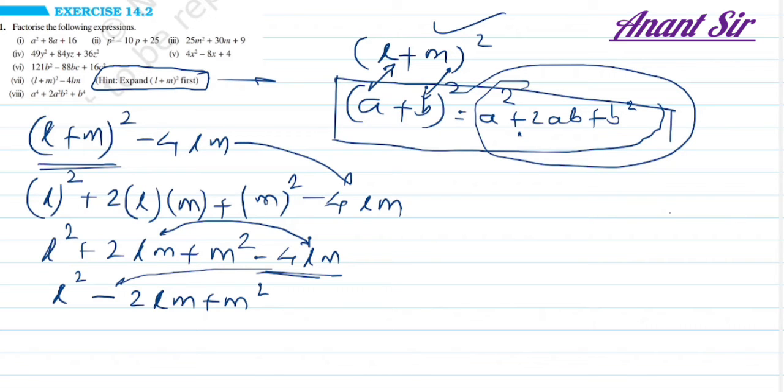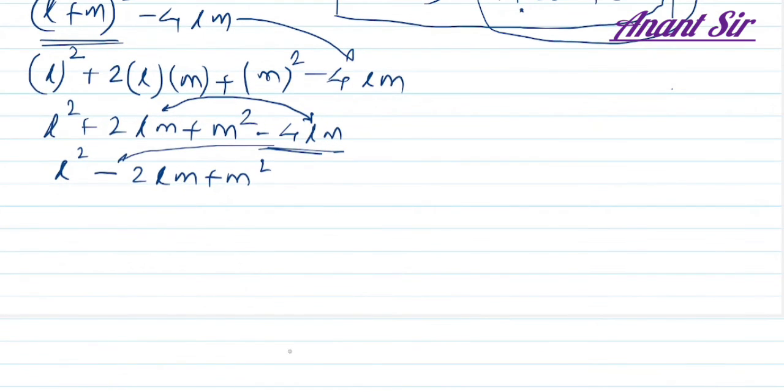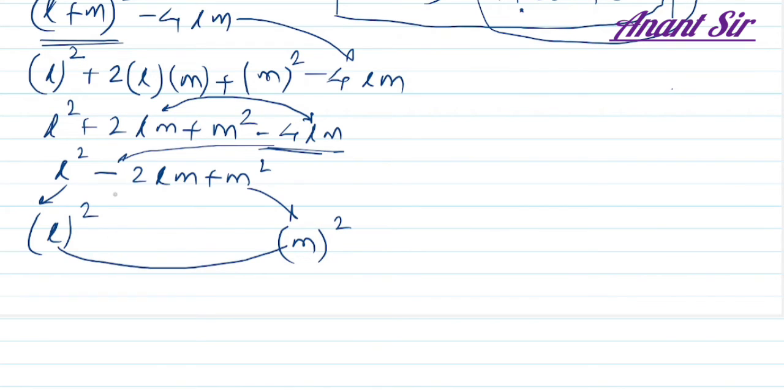Now, is this the final answer? No, we can still solve this further. See, is this a square of any term? Yes, it is the square of L. Is the last term a square of any number? Yes, it is the square of m. And if we multiply these two by 2, do we get the middle term?